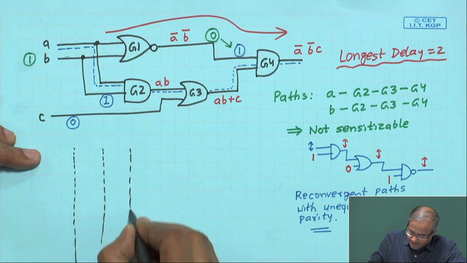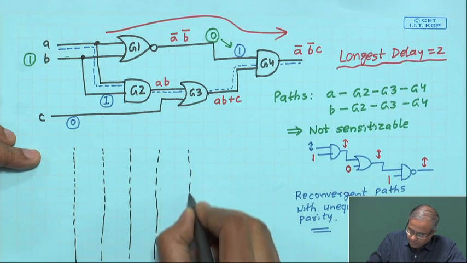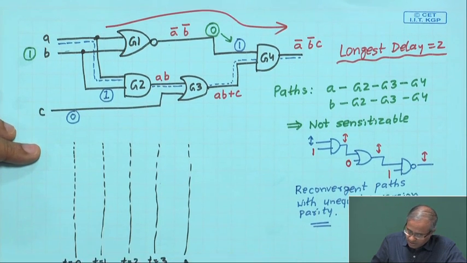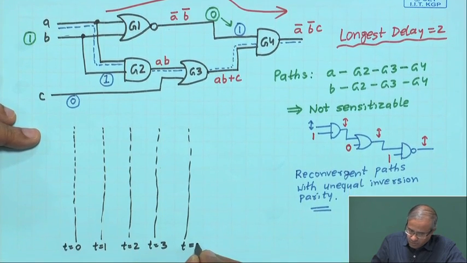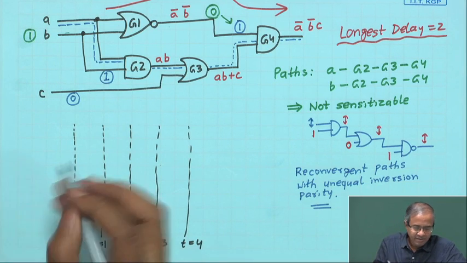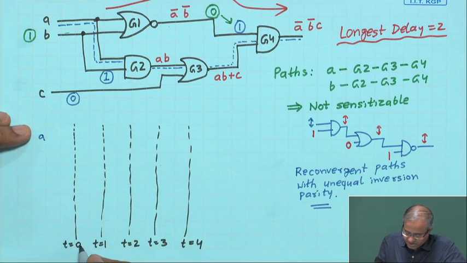So, I am just marking the time. So, this is t equal to 0, t equal to 1, 2, 3, 4 and so on. So, now to show the inputs, this A makes a 1 to 0 transition at time t equal to 0.